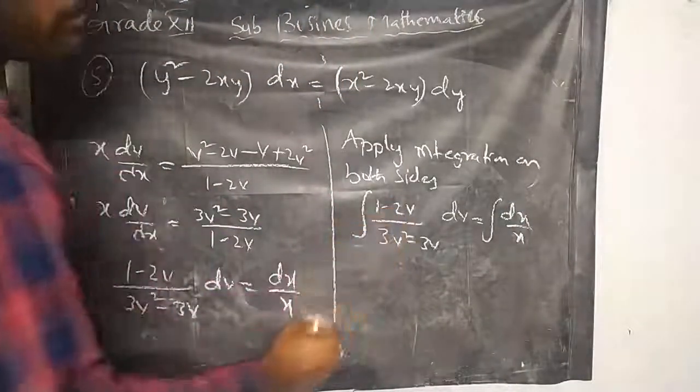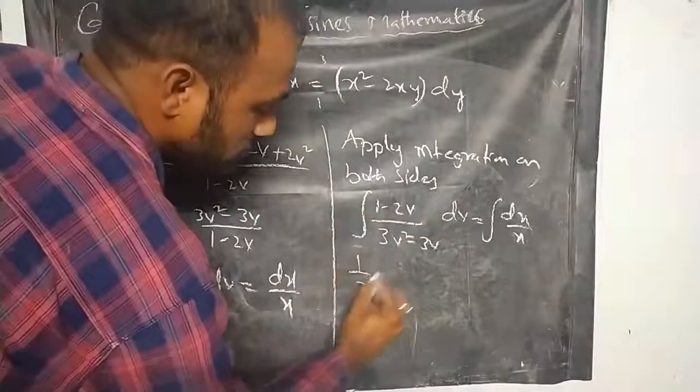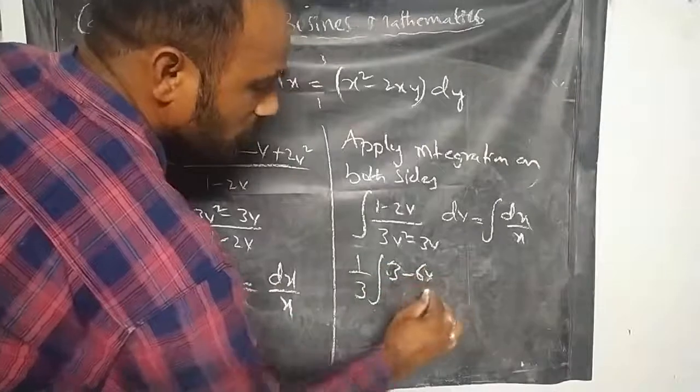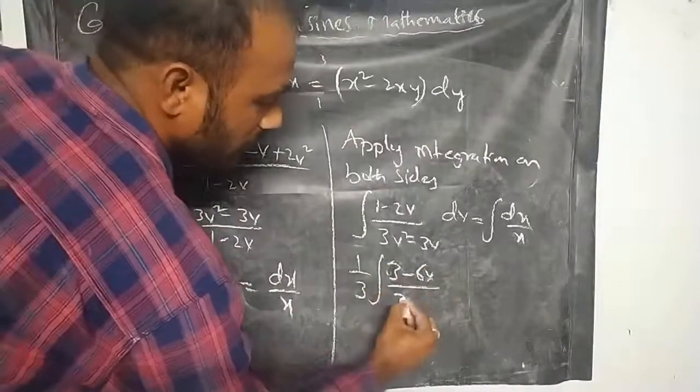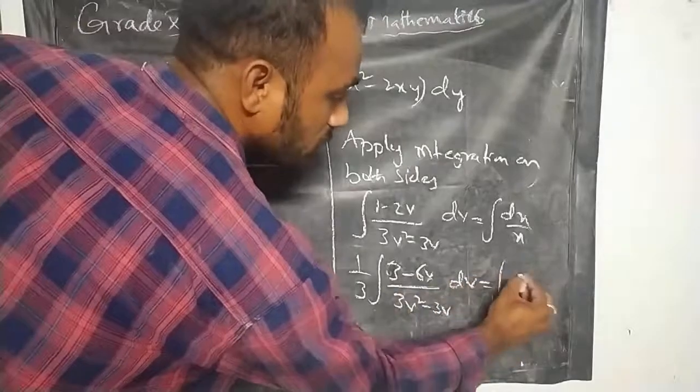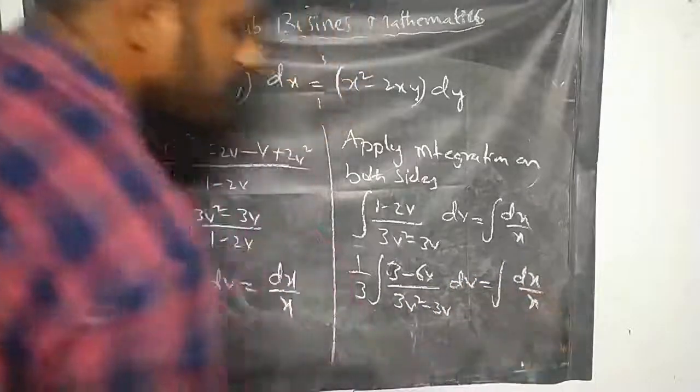So let me multiply by 3 in the numerator and divide by 3. So it will become 3 minus 6v divided by 3v square minus 3v dv is equals to integral dx by x.